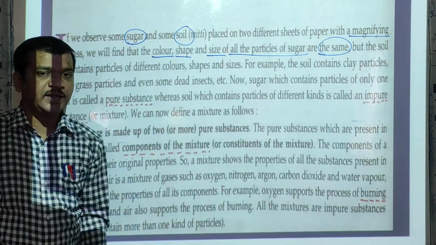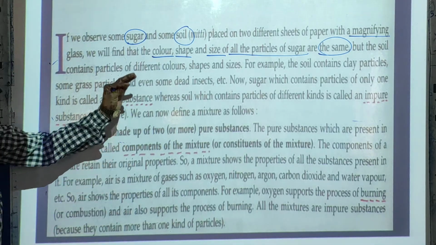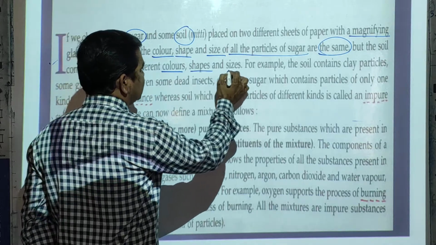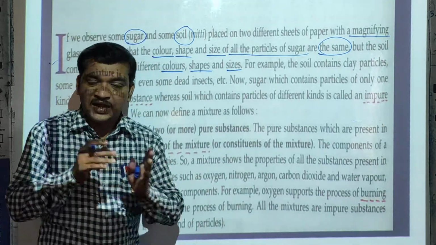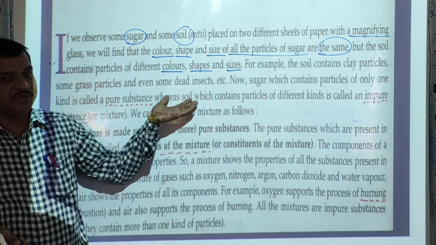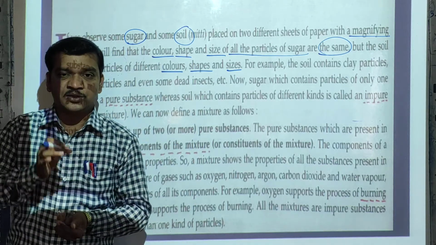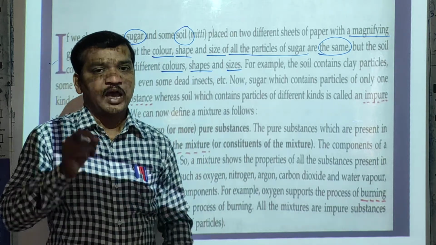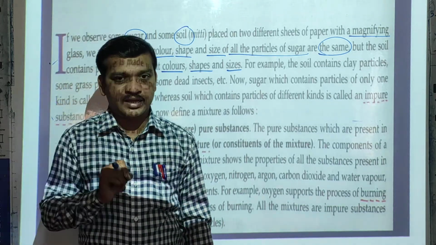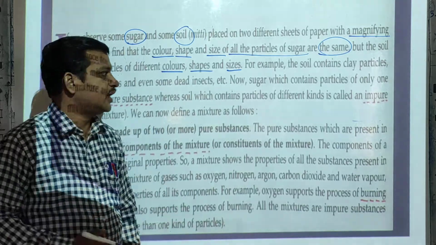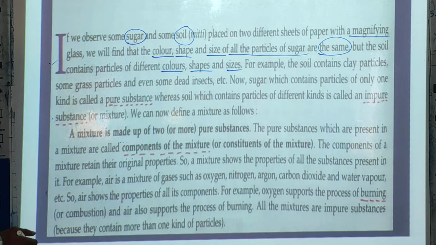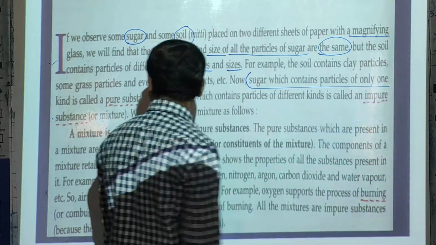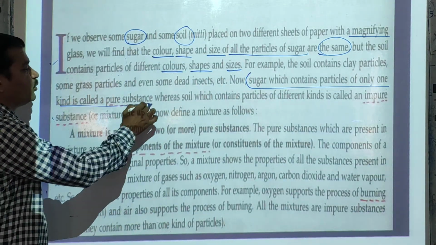But the soil contains particles with different colors, shapes and sizes. So by this activity we can conclude that sugar contains particles of only one kind, and this is called a pure substance.